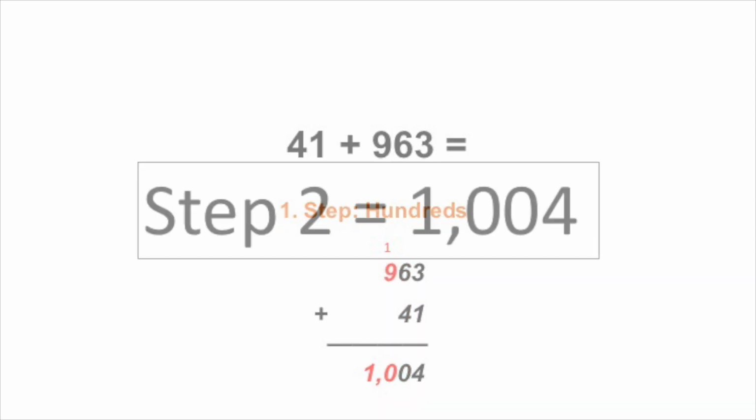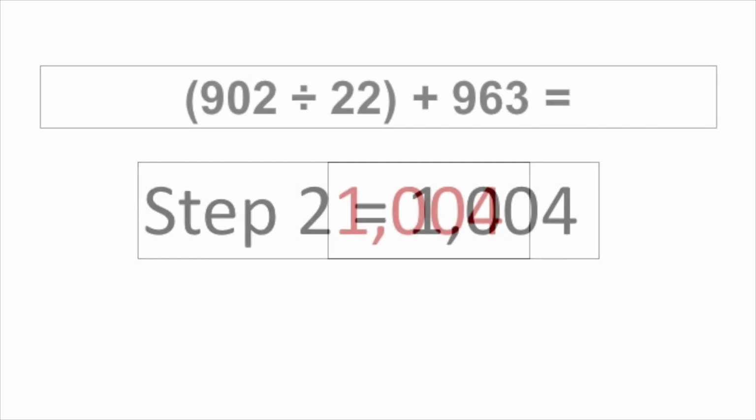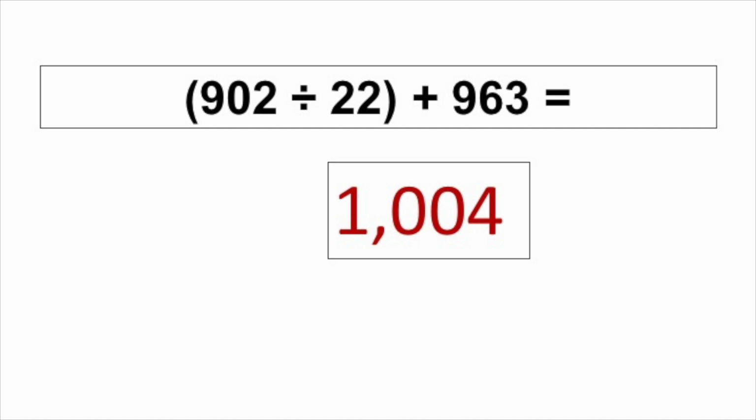So our answer, 1,004. So we can say 902 divided by 22 plus 963 equals 1,004. And that's how we do combined operations with division. Any questions, guys? Okay, that was excellent. Well done.